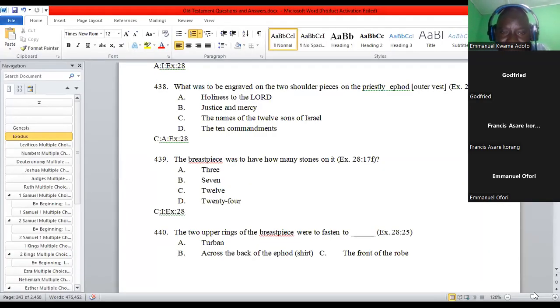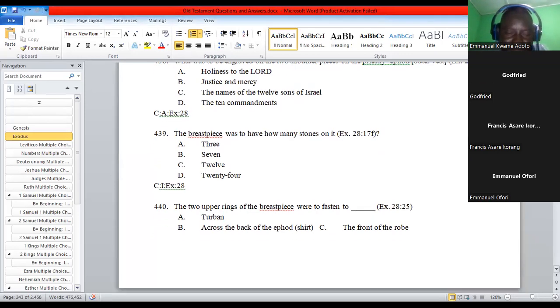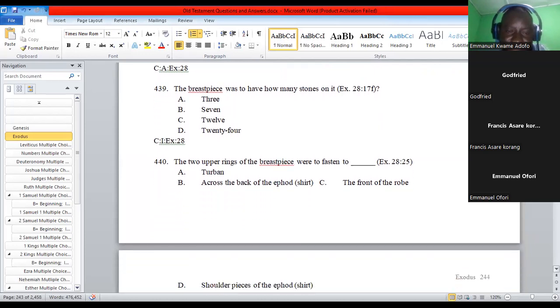The two upper ranks of the breastpiece were to fasten to dash. What were they to fasten to? Verse 25.